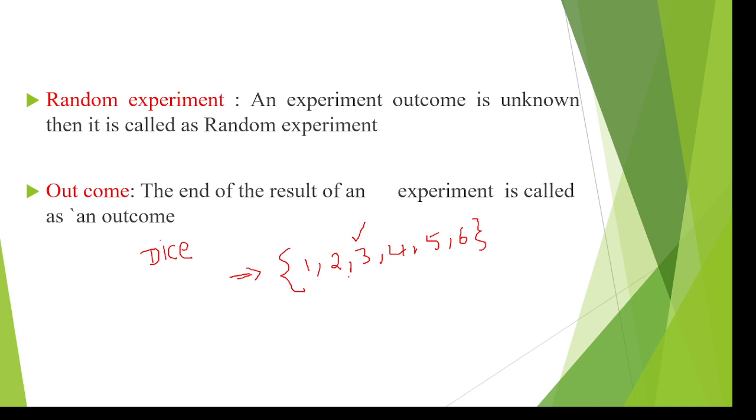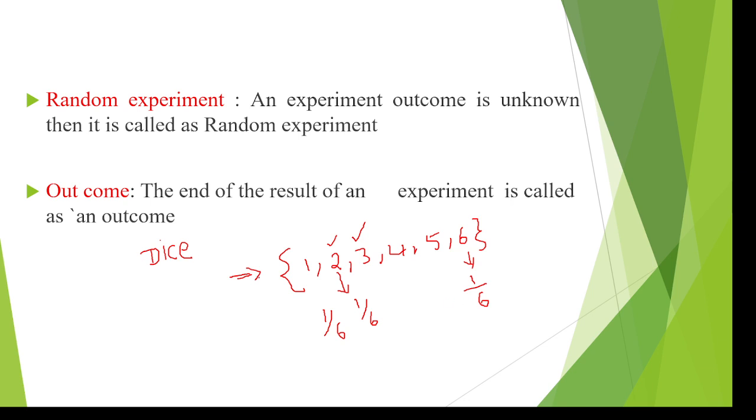And we know that the probability to get one is 1 by 6, because the favorable outcome is 1, out of a total of 6 outcomes. The probability to get 2 is again 1 out of 6 outcomes. Likewise, the probability to get 6 is 1 out of 6 outcomes.